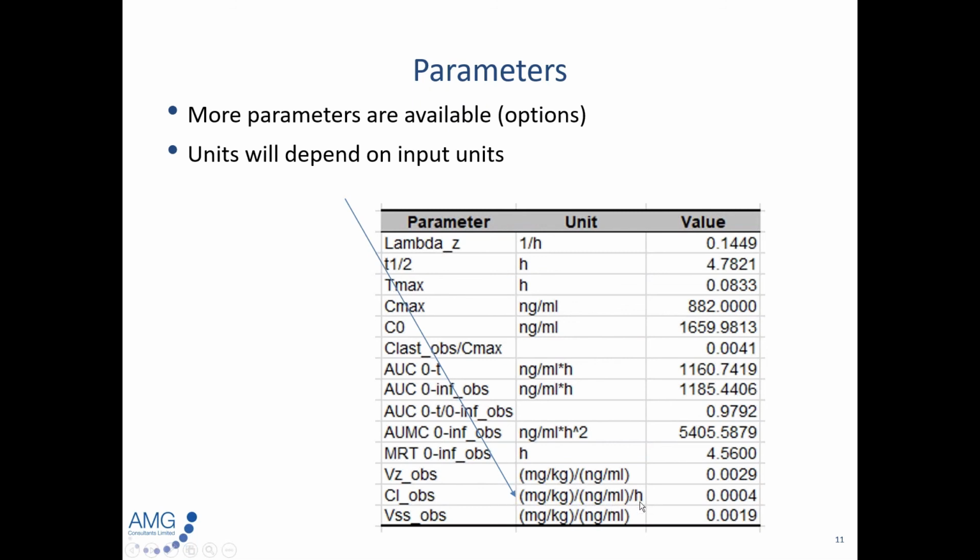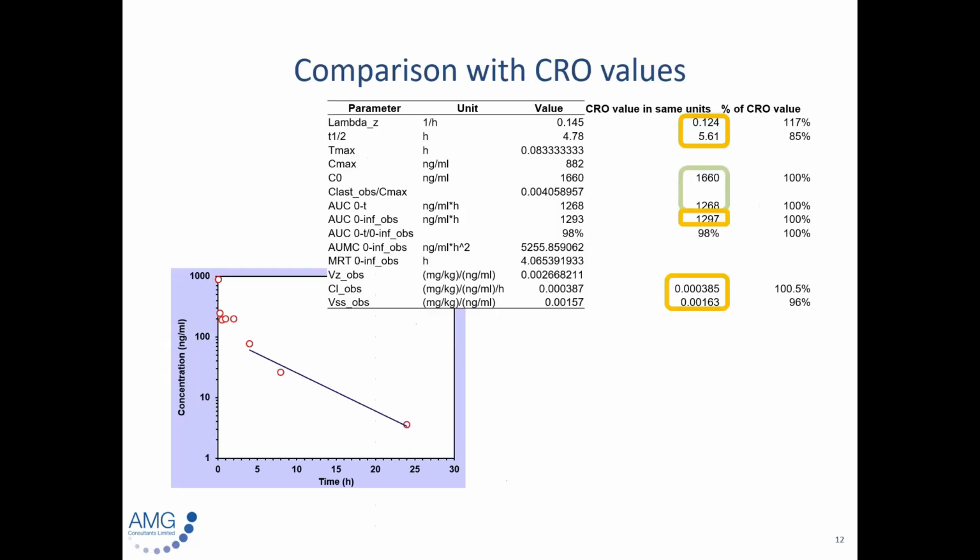So that's the units that are used in the clearance. It doesn't necessarily give rise to the most intuitive size of value. So you may want to use different units if you would prefer to see this on a different scale, or you can obviously do the calculation.